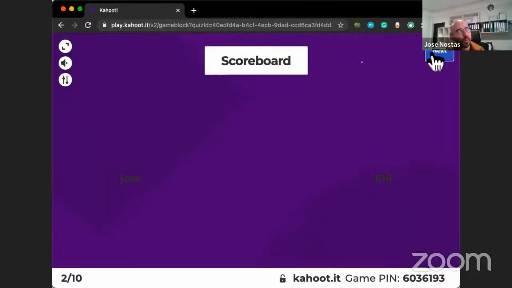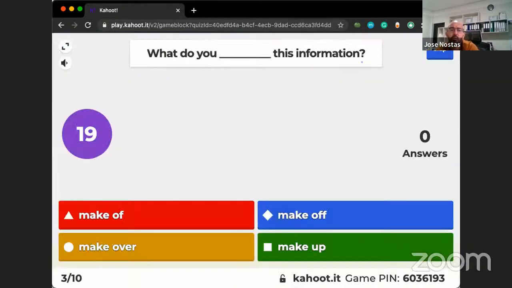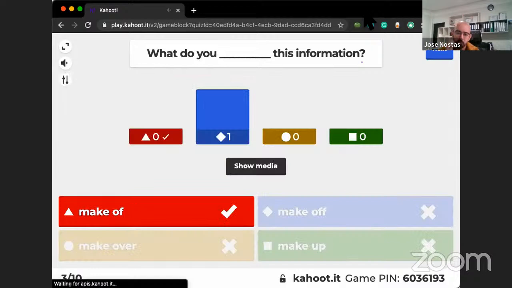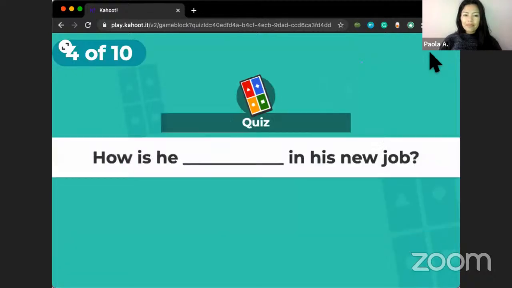I thought it was makeover, like finish the problem, but what do you make of this information? Almost. They're very similar, right?